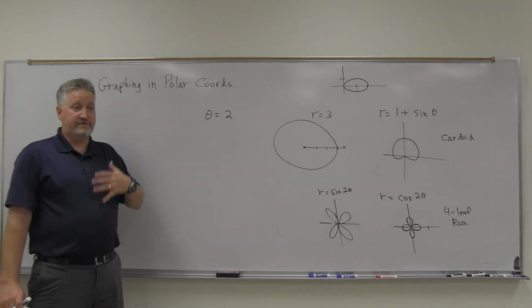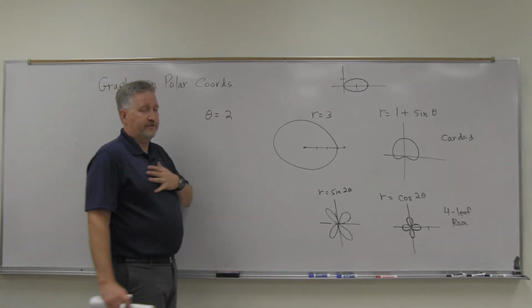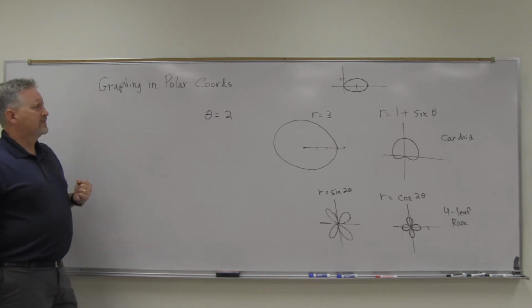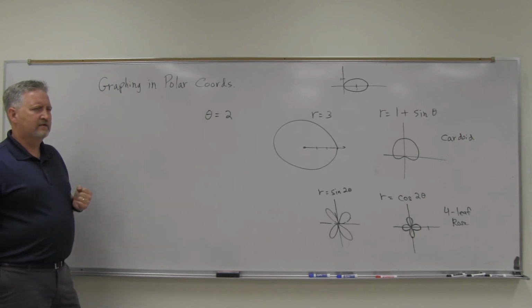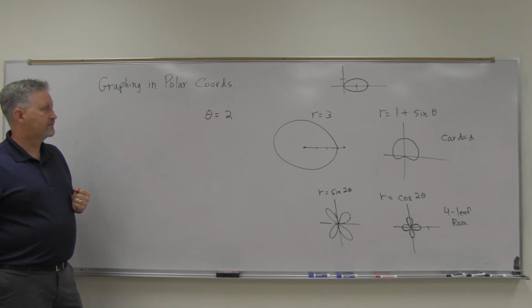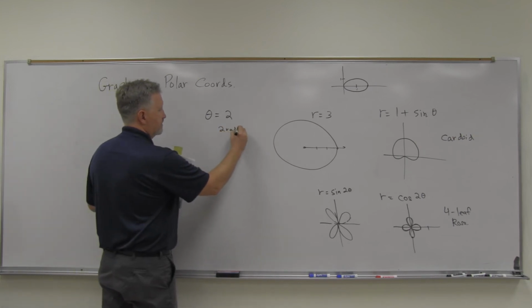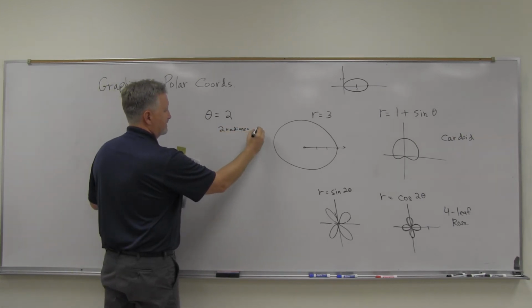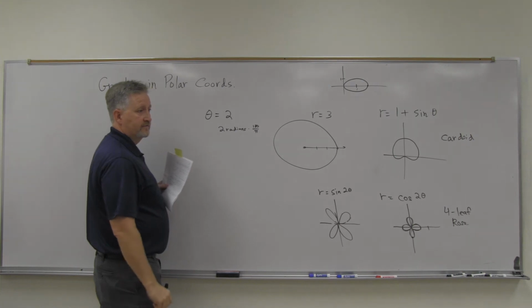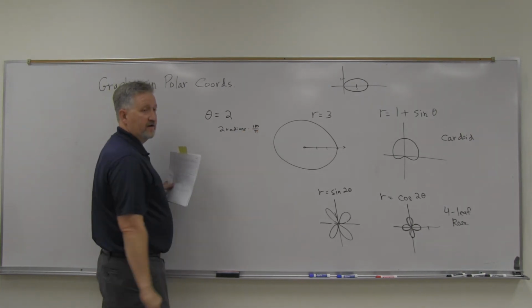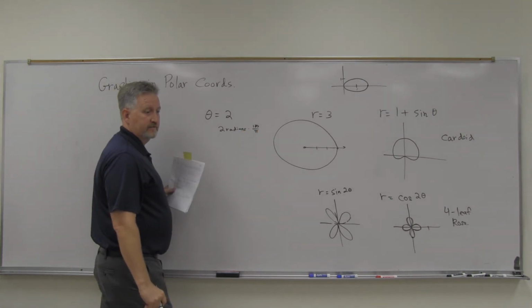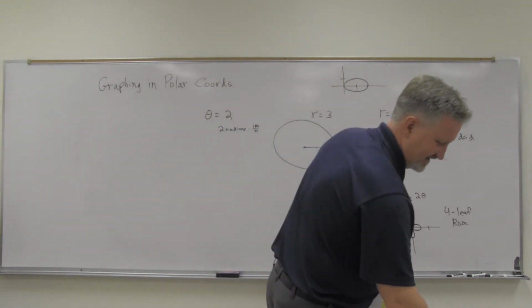Again, the angles are in radians, these angles that we're using are radians. What does 2 radians look like? How much is 2 radians, degrees wise? Remember your conversion? It'd be 180 over pi, so 360 divided by pi, or whatever that is.